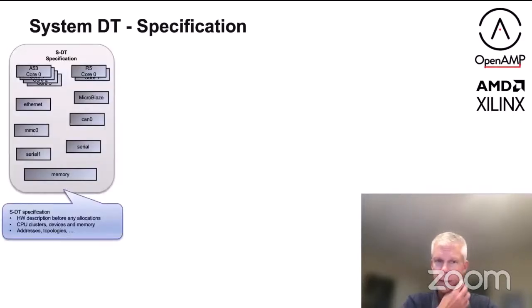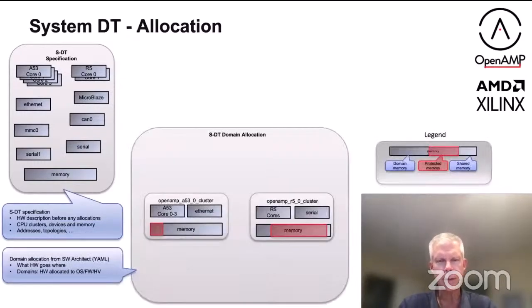And again, you're going to have a system device tree, a specification. Think about the specification as this basket of all the available resources: CPUs, memory, peripherals. To that, Bruce is going to show a YAML file, which is the allocation of these hardware resources.